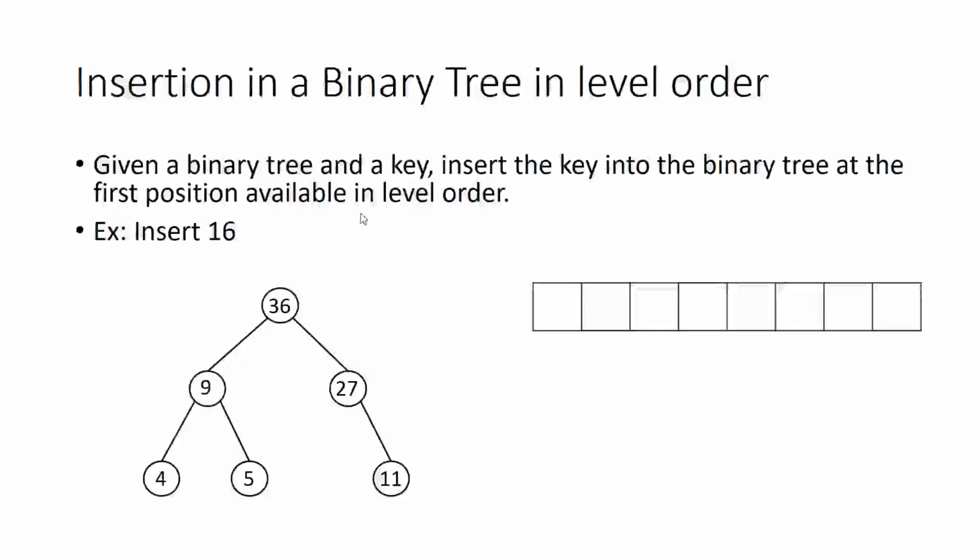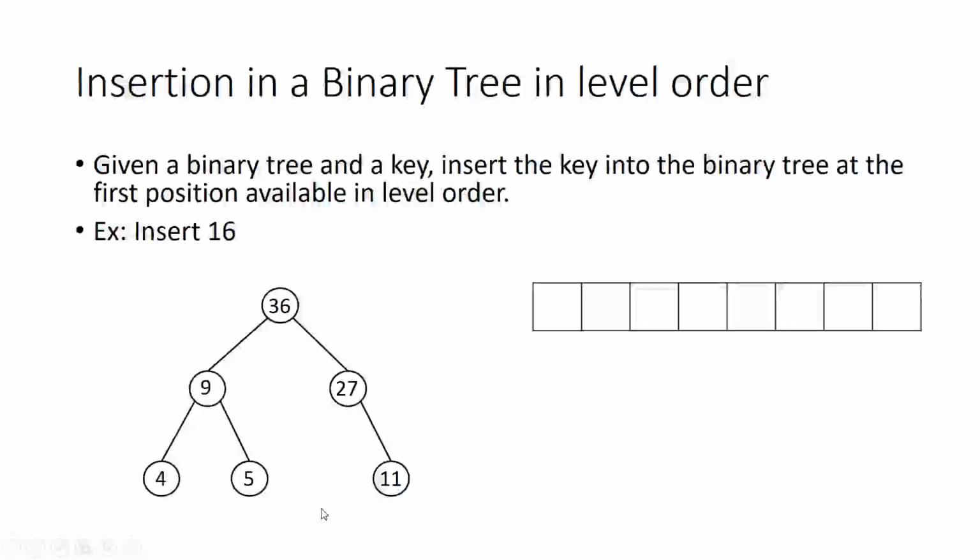So first let us see how we can go with insertion in a binary tree in the level order. This is a binary tree given to you. Now you are supposed to insert 16 in this. First we have to find the location which is available, wherever it is empty.